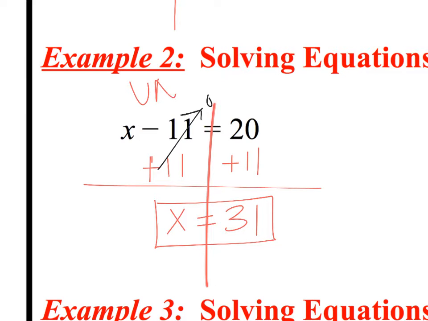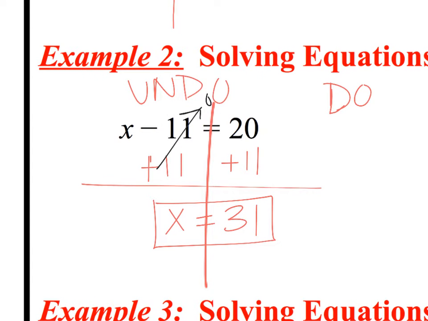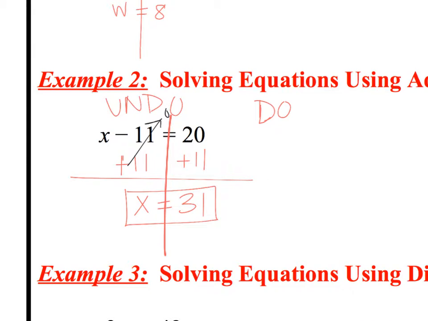So that was undo. And now we can do the check. Order of operations. 31 minus 11 has to be equal to 20. Is it equal? Yeah. So, yes, that is our correct answer. That is the solution because it makes the equation true. 20 equals 20.